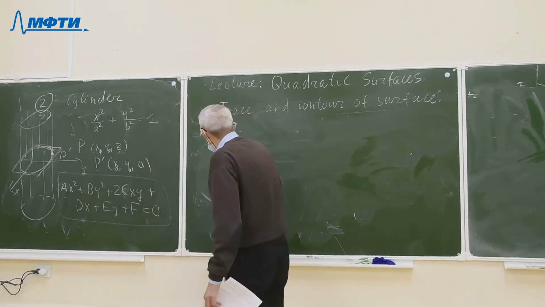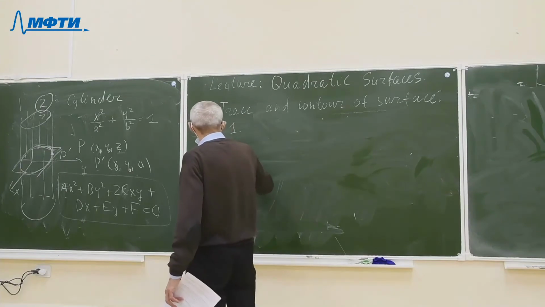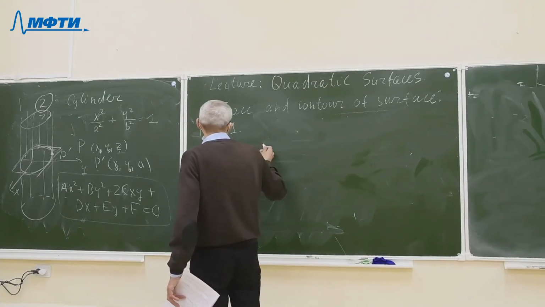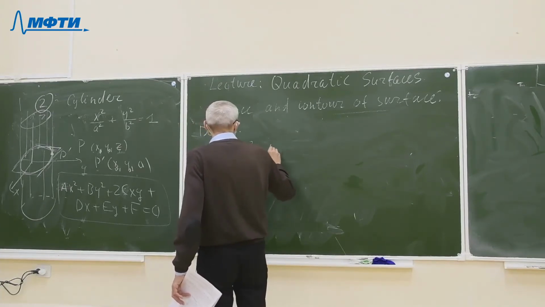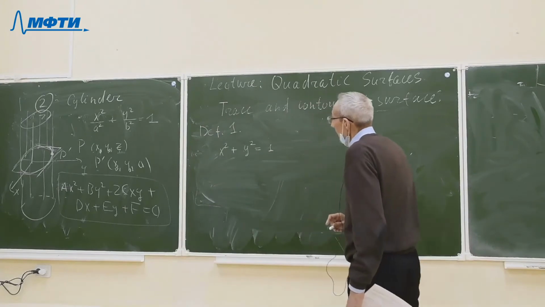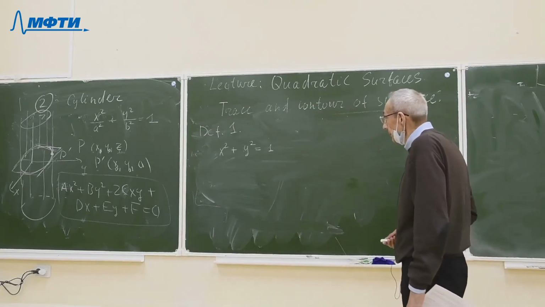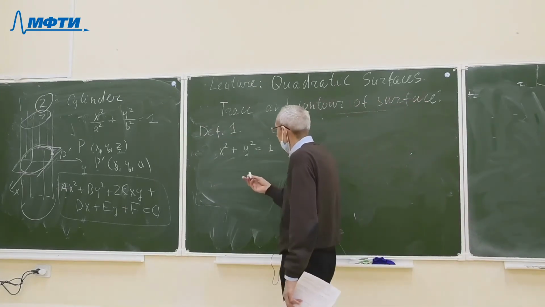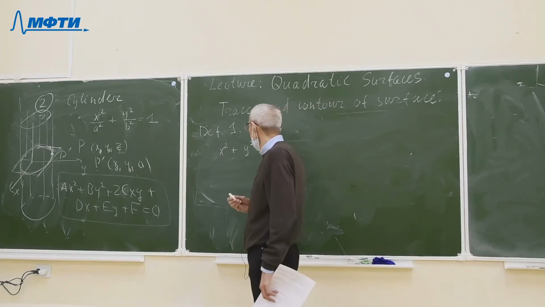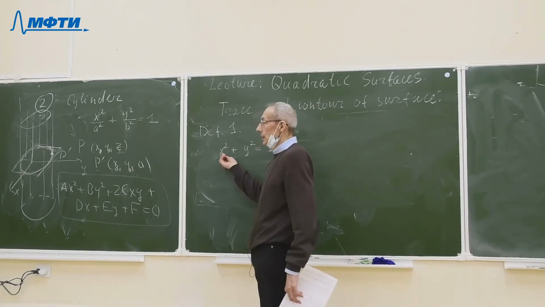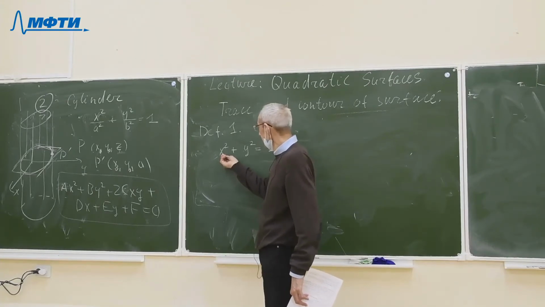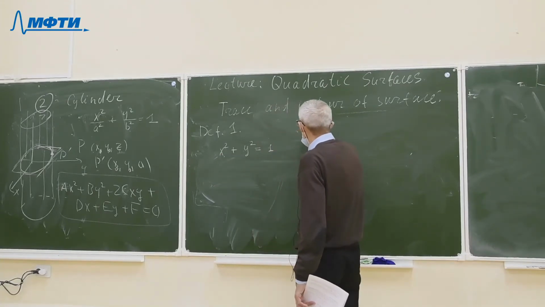For example, we have the equation x square plus y square is equal 1, and let us rotate one of the coordinates.